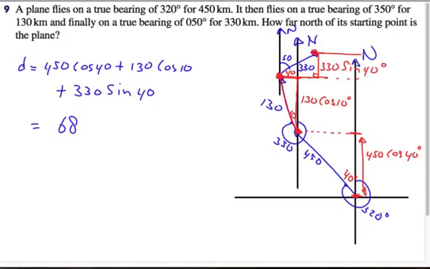In three significant figures, 684 kilometers. And that's just how far it got north from the starting point. In a similar way, with triangles again, you could work out where it is from left to right, where it is on the east-west scale as well.